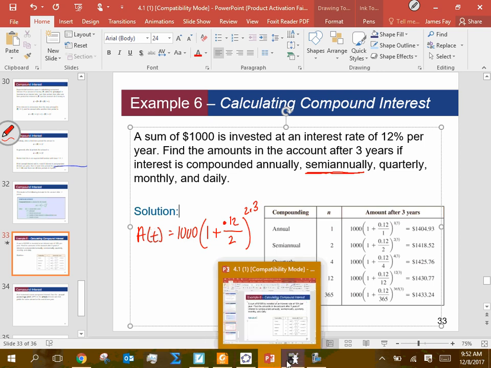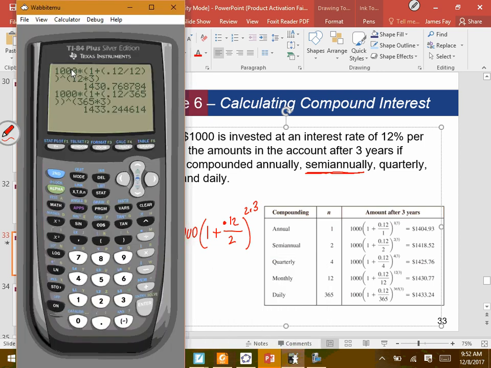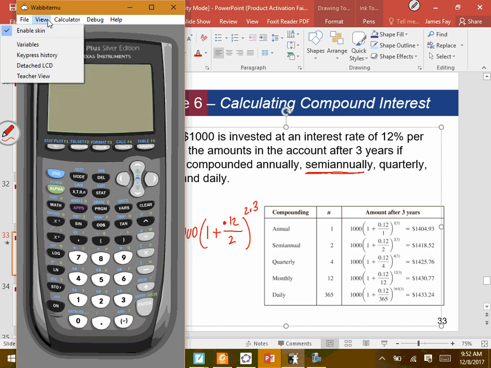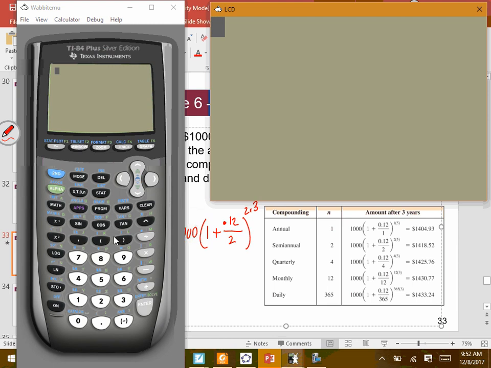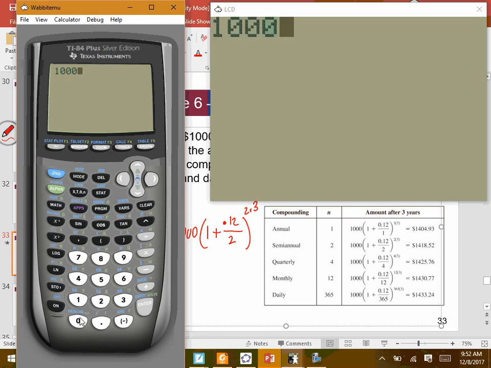So when I type this in, let's see if we can get this big screen for you guys. I'm going to go 1,000, put a parenthesis, and now I go 1 plus. Now, you don't need to do this.